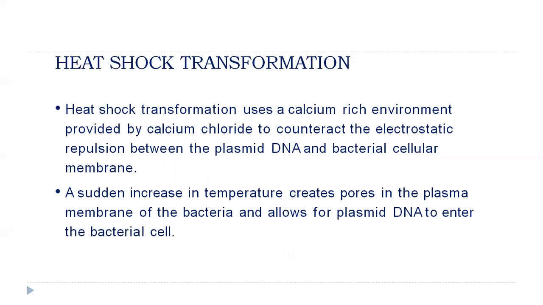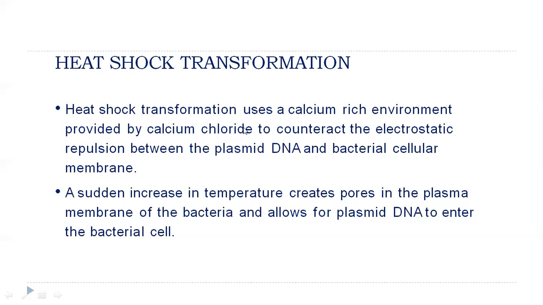The heat shock of transformation is also very important and effective. Heat shock is used in a calcium-rich environment provided by calcium chloride to counteract the electrostatic repulsion between the plasmid DNA and the bacterial cellular membrane. A sudden increase of temperature creates pores in the plasma membrane, the cell membrane of the bacteria, and allows the plasmid DNA to enter into the bacterial cell.